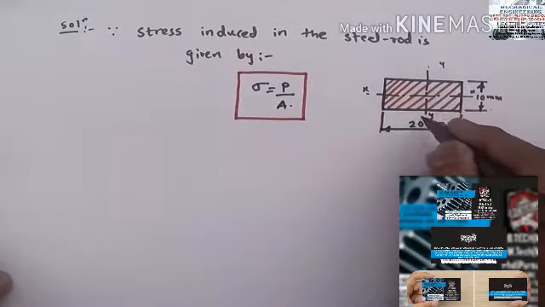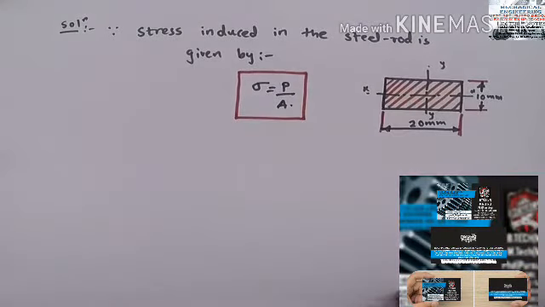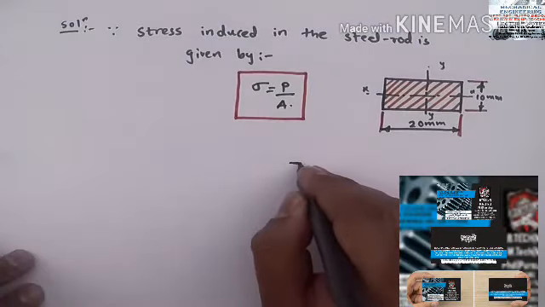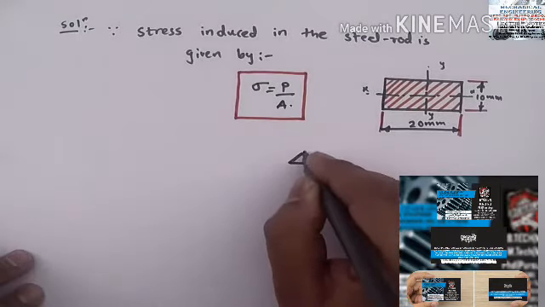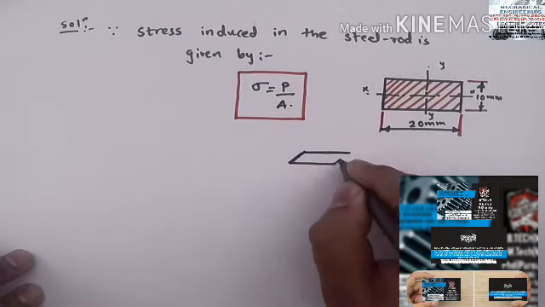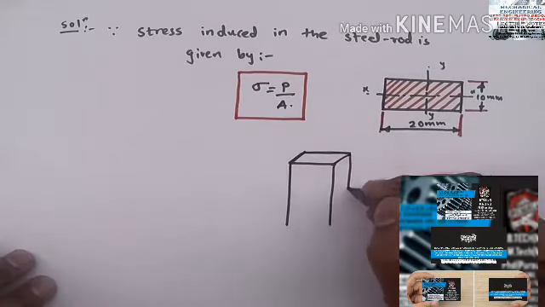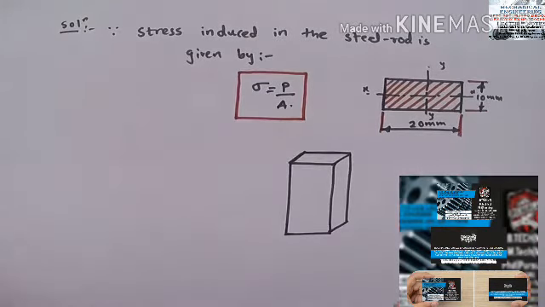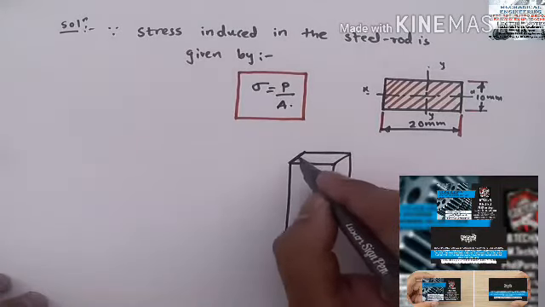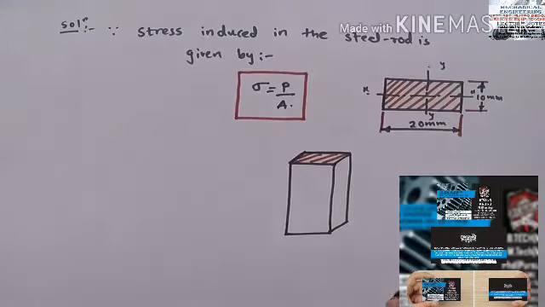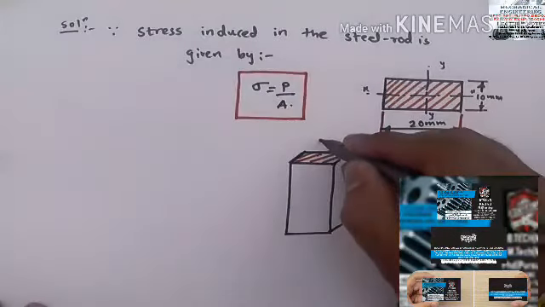Now this rectangular cross section of the bar is subjected to an axial pull. Means if I draw the diagram, it will look in this way. Here I am drawing the 3D diagram that will explain the concept. So this is the rectangular section which is given in the problem, and this rectangular block is subjected to an axial pull.